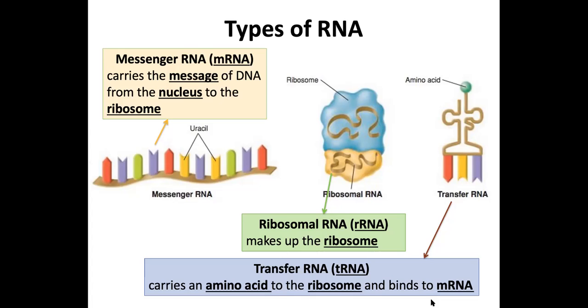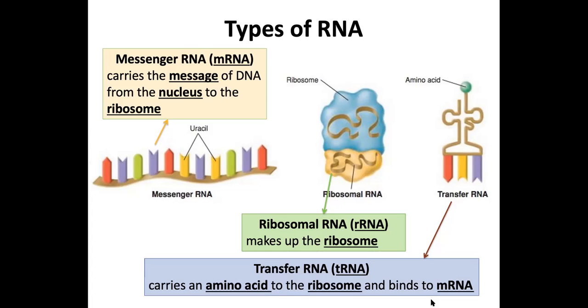Okay. The last one is transfer RNA, tRNA, and this looks very much like a bubble tea. Okay. This is what carries the amino acid to the ribosome and binds with mRNA. So in your vocab, for those of us that completed it, on mRNA, you have what is known as the codon.